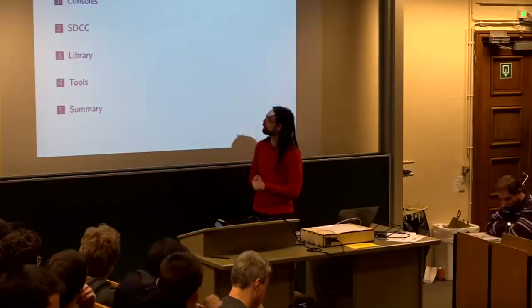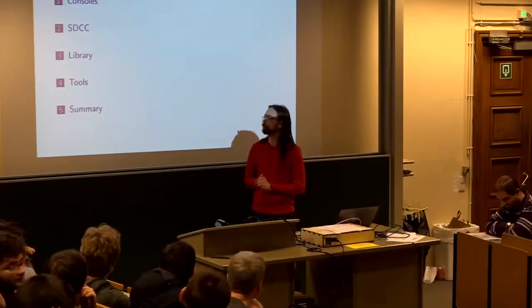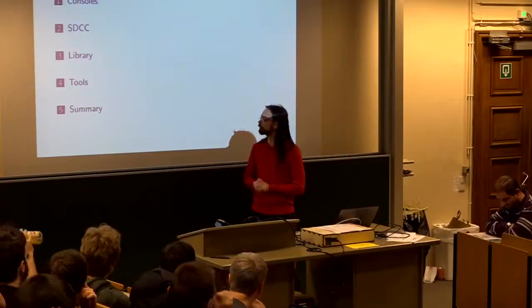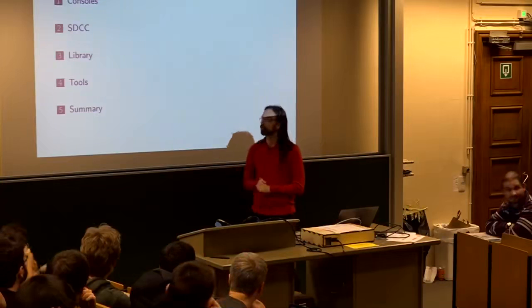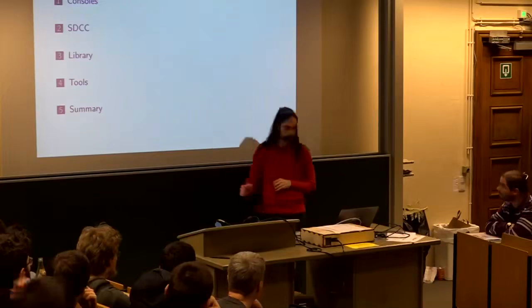Then I'll go on about the small device C compiler, which is probably the most important tool here, in particular with its Z80 backend, a bit about the free library, and less important smaller tools that work together with the library.